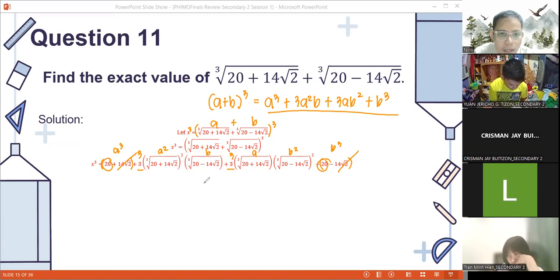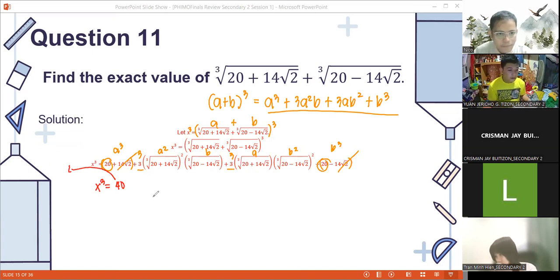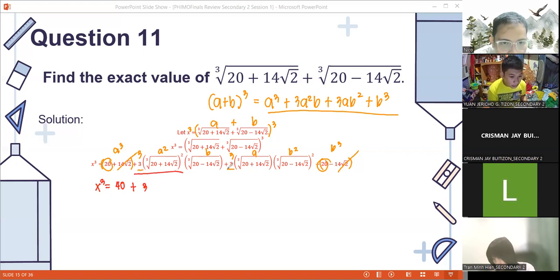So we can factor out, this becomes x cubed is equal to 40. Again, the 40 here is 20 plus 20. Okay, don't forget. And then you can factor out 3 in here. Then you can factor out the whole thing except for this one.